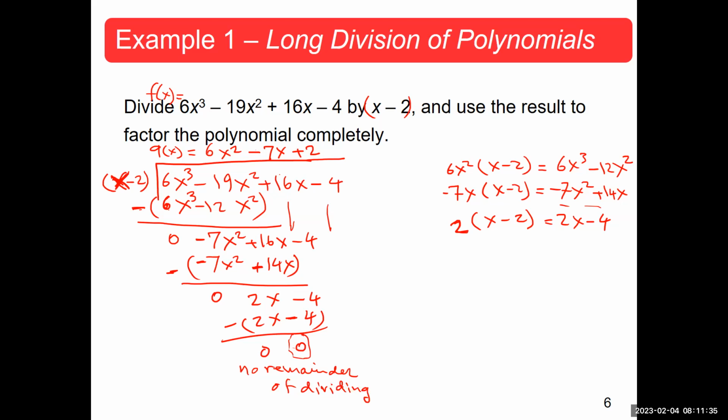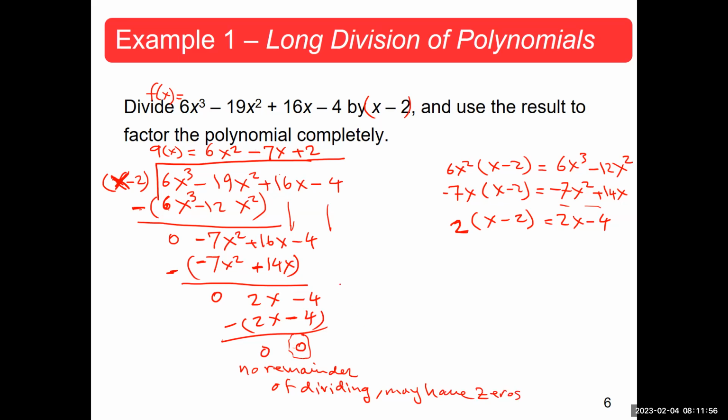When we have no remainder, most likely we have zeros for that function.